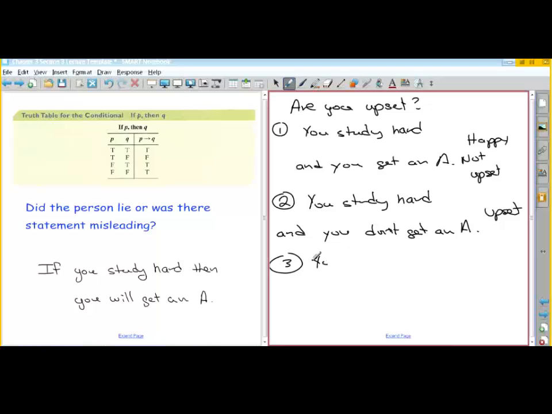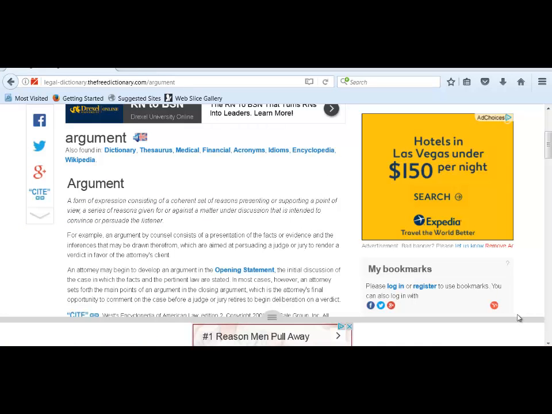Okay, the third case is you don't study hard. So the first thing's false, and you get an A. So your discussion board assignment for today is I want you to write down what the legal definition for an argument is and put that online.